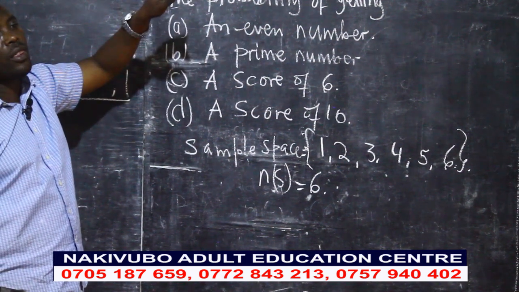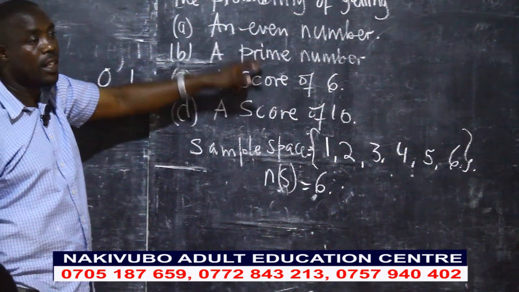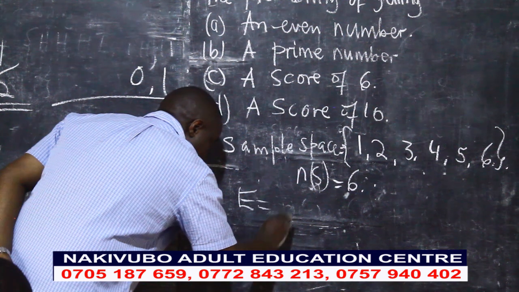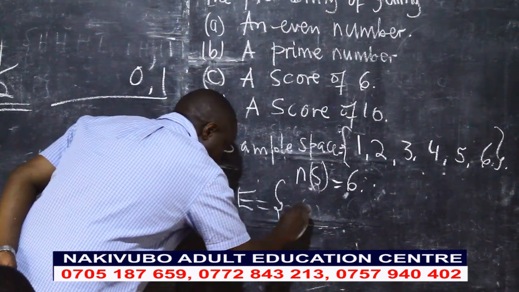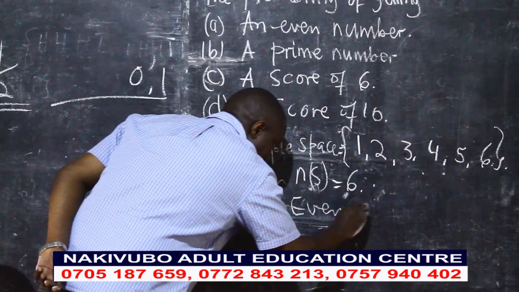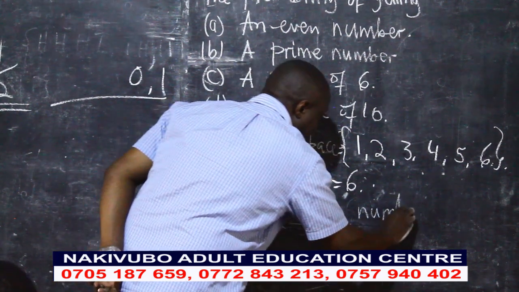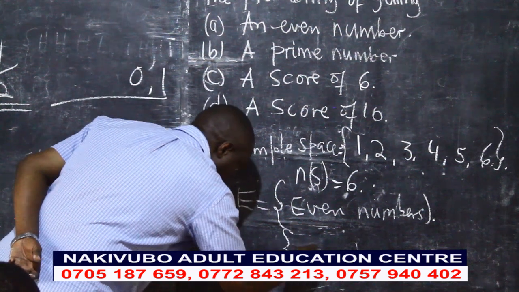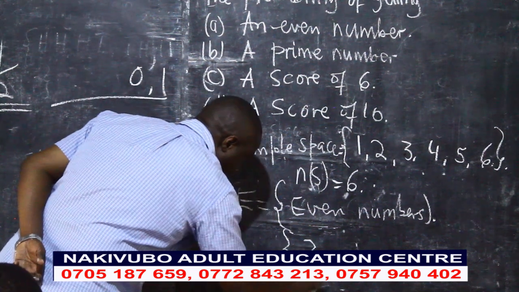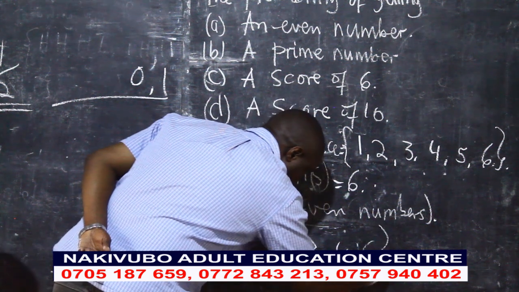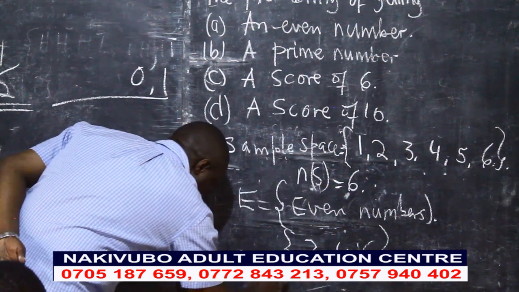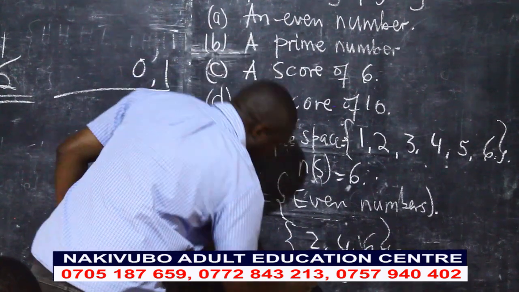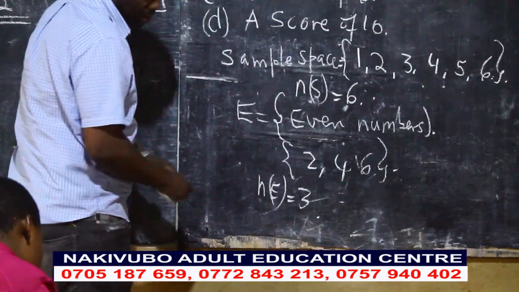So, the event is even numbers. What are the even numbers we have? 2, 4, and 6. So, what is NE? The number of even numbers. There are 3.